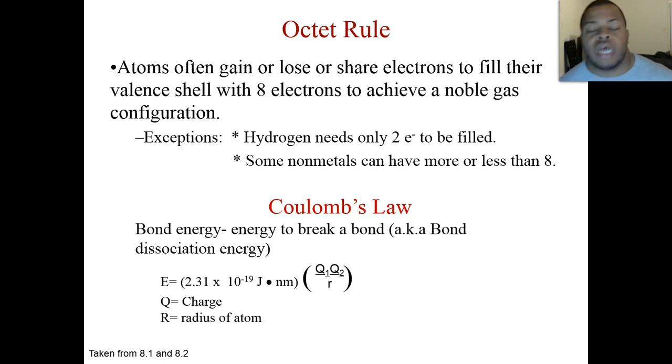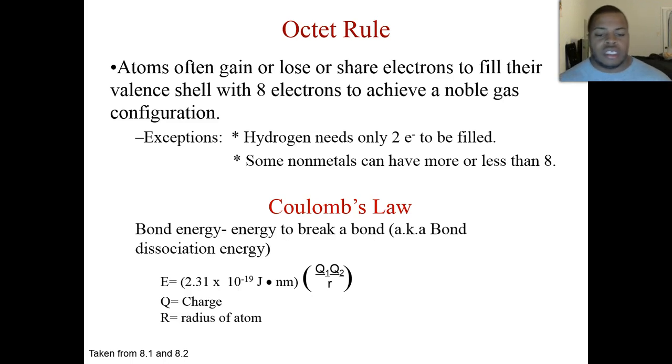Now, Coulomb's law. This is going to be talked about in 8.1, but basically this is a formula that we're going to use to understand the amount of energy in the interaction between these atoms.